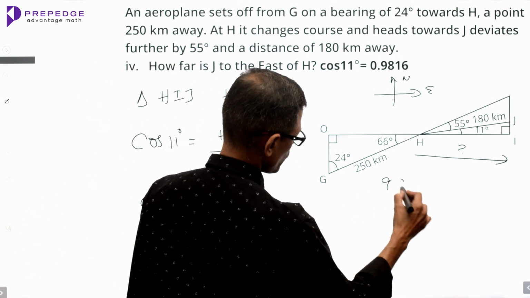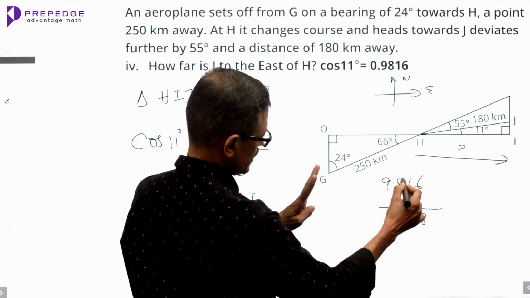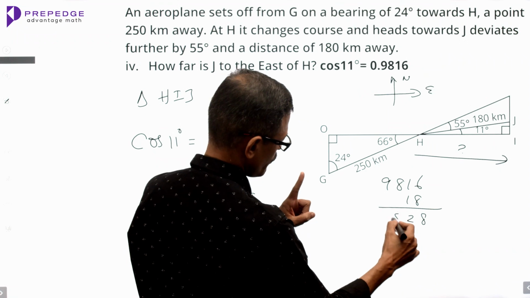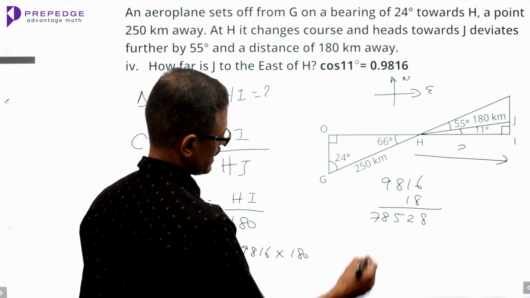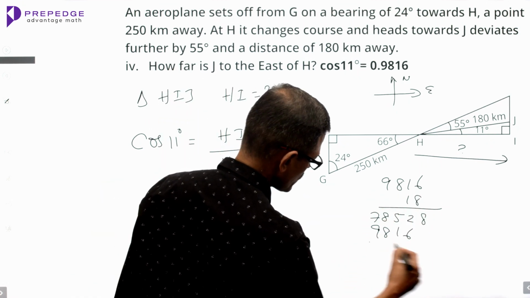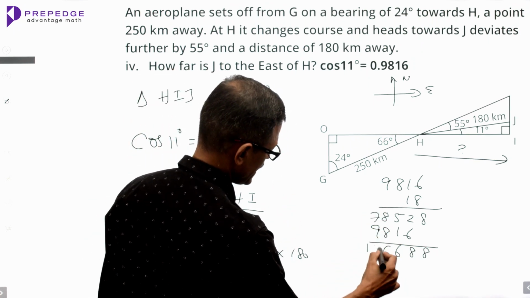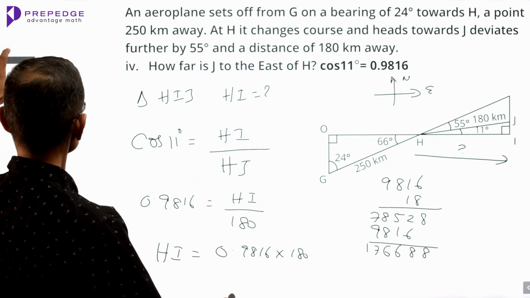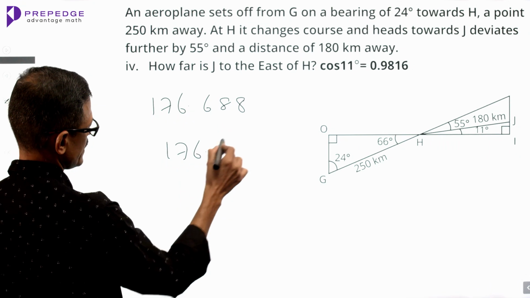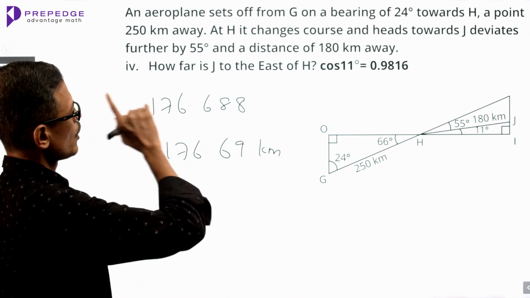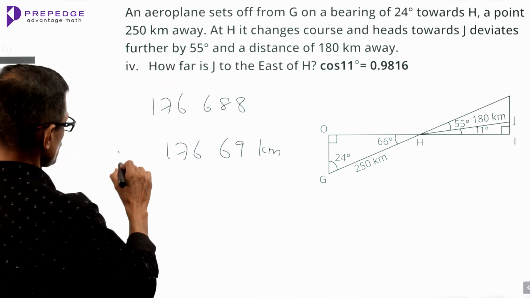We'll multiply 9816 by 18 and see what answer comes. 8 8s are 64, 4 carry over, 8 1s are 8, 12, 1 carry over, 64, 5, 6 carry over, 72 plus 6 is 78. Then 8 1s are 8, 6, 16, carry over 1, 10, 17. 176.688, or 176.69 kilometers is how much J is to the east of H. HI is equal to this, which is what we were trying to find out.